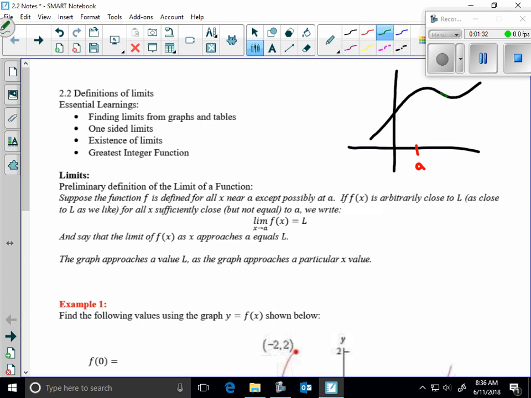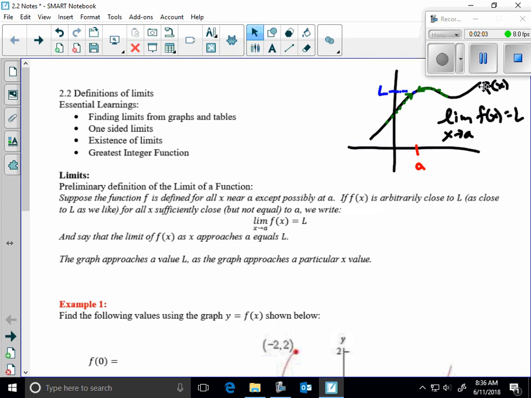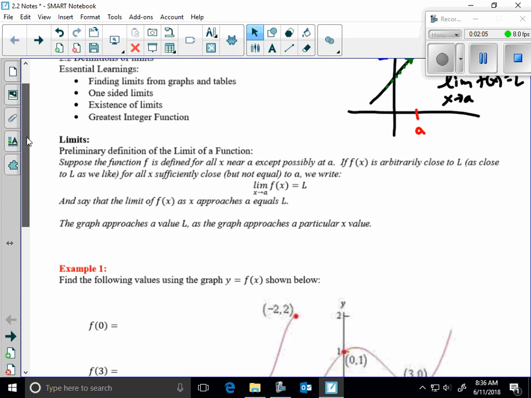As our x value approaches a from either side, the limit as x approaches a for f of x, this function f of x, all that it's saying is that the limit is approaching some y value L. So as x approaches a, y approaches L. L is just a y value.